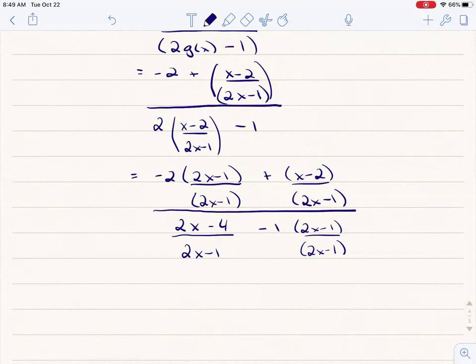So you can't just have like -2x plus 1 without doing that. No, you can't. Do you mean here? Yeah. I can't just put it through and skip that. So this -1 has to be over 2x minus 1, because that's the property of adding and subtracting fractions: they have to be over the same thing.